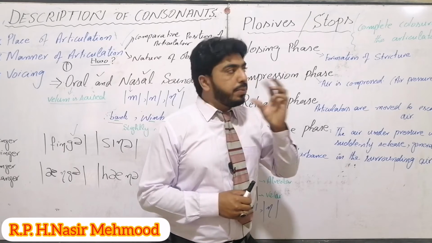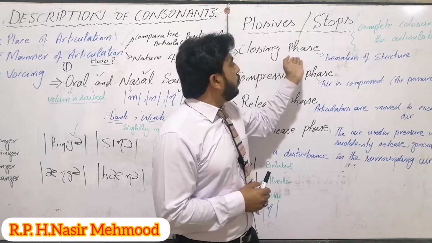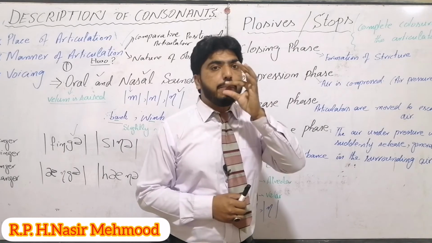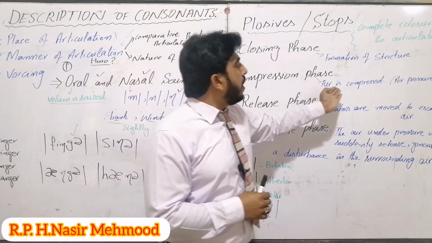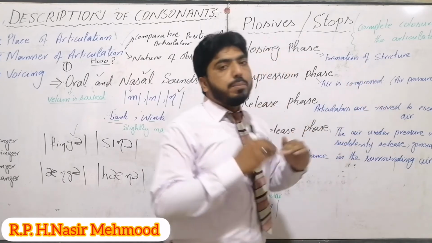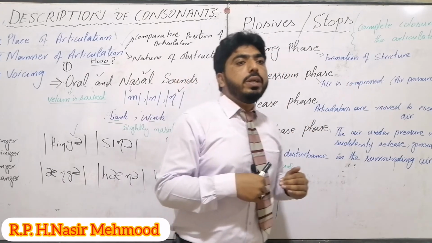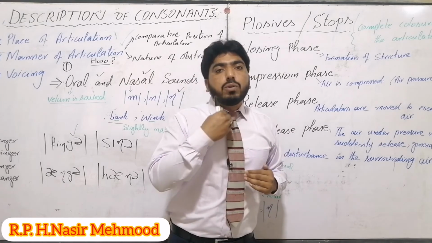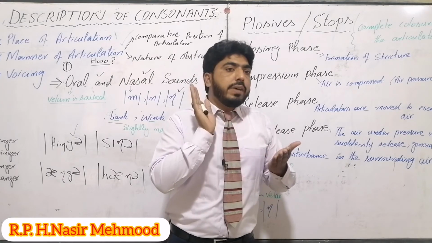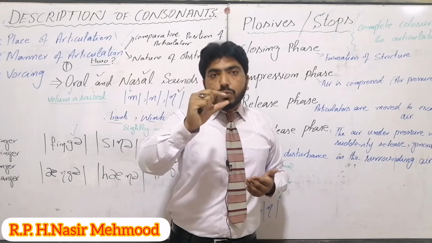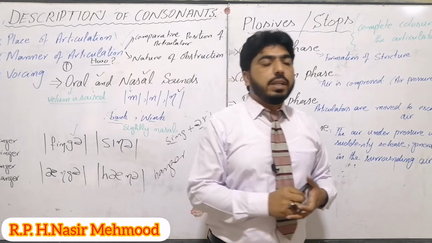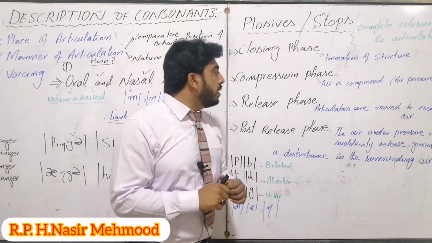Joining these two lips is the closing phase, and then air is compressed behind the closed articulators. Pressure is built up because we allow air to come out of the lungs, and when it has no way to pass outside, pressure is built in the mouth behind the closed articulators.